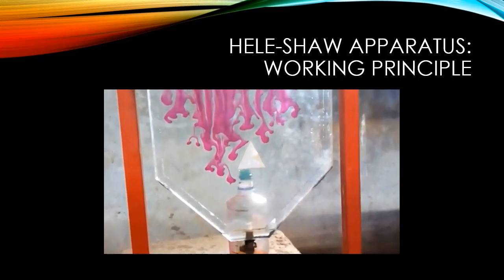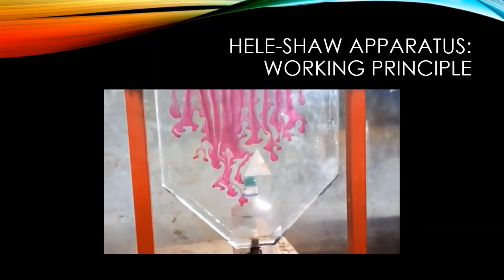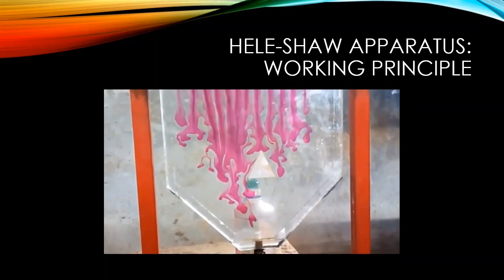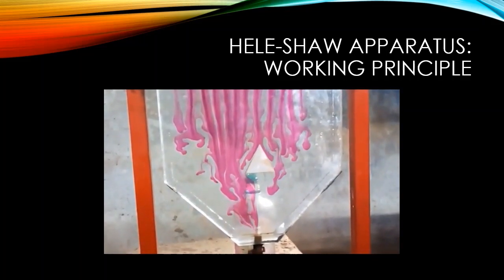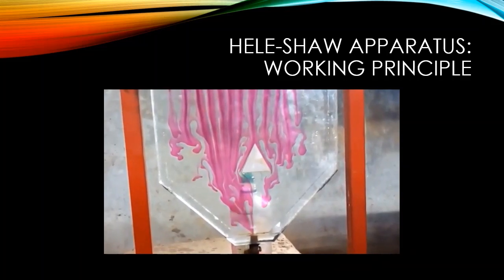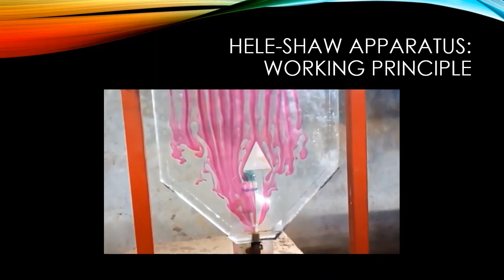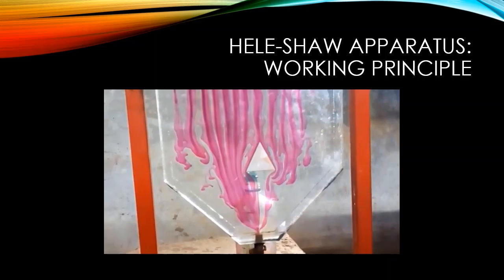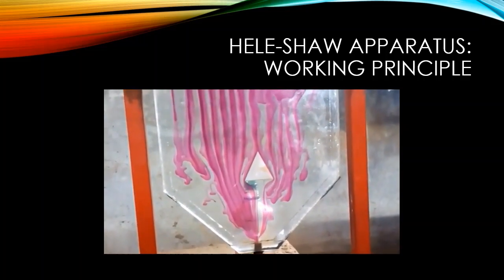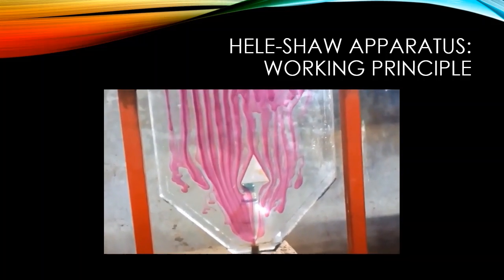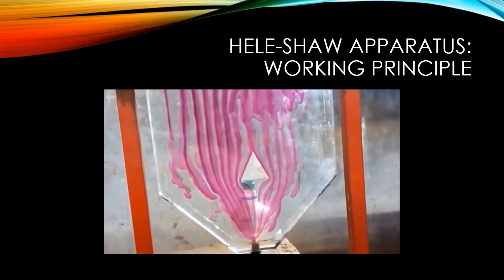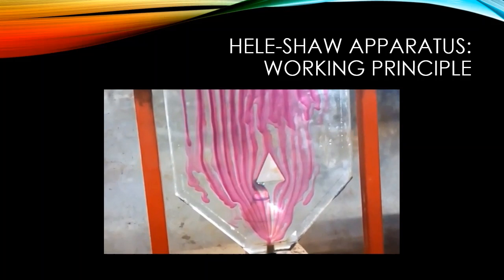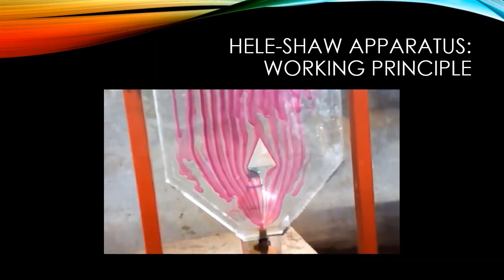The gap between the two parallel plates is about 1 mm, and the diameter of the hole is also 1 mm, right? So the streamlines of water as well as streamlines of dye are coming and getting impacted on the model which is present in the middle, in between the two parallel glass plates. This is how the flow simulation is carried out.